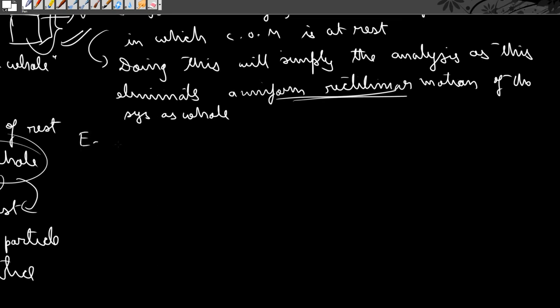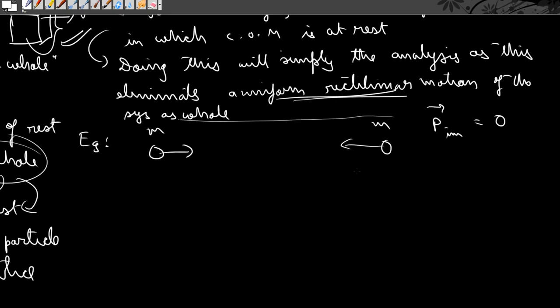So as an example, let us again consider two particles whose masses are equal. Then due to gravity they will attract each other, and if initially they were separated with a distance which is infinitely large, and initially if you consider them to be at rest, then the total momentum initial will be 0.